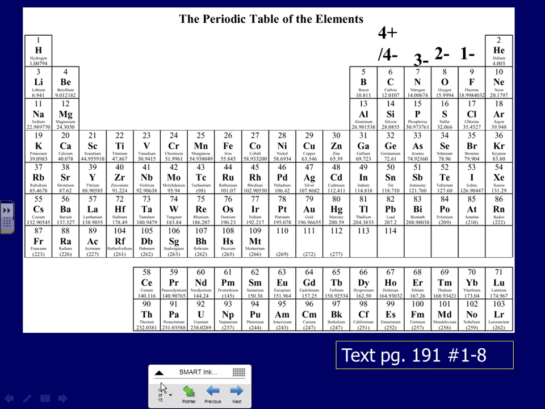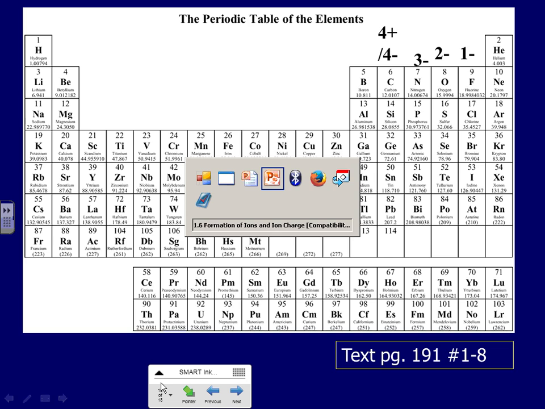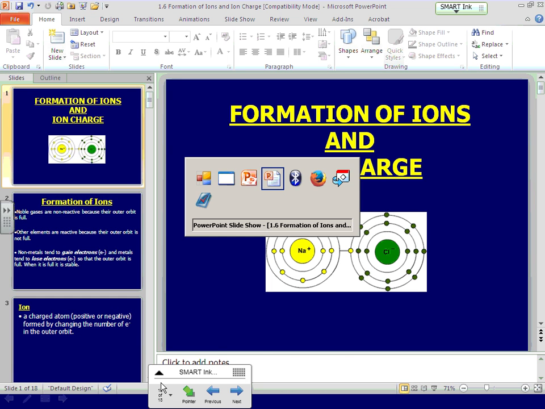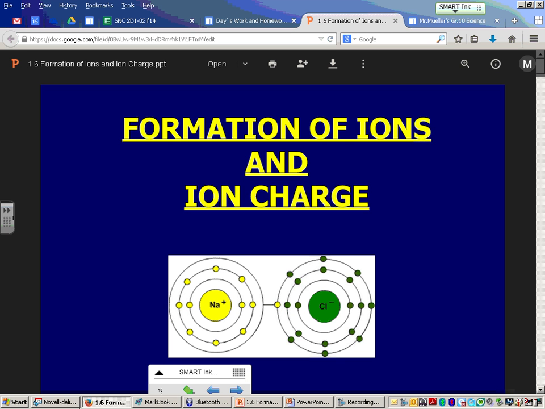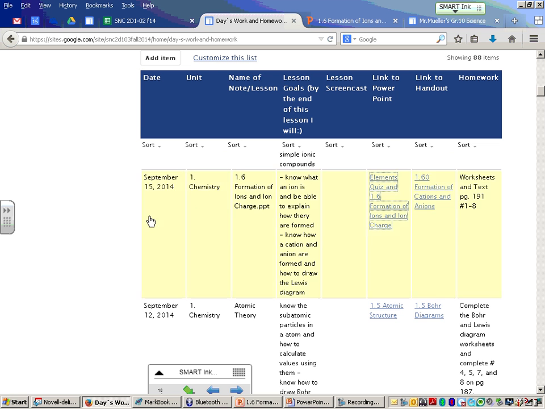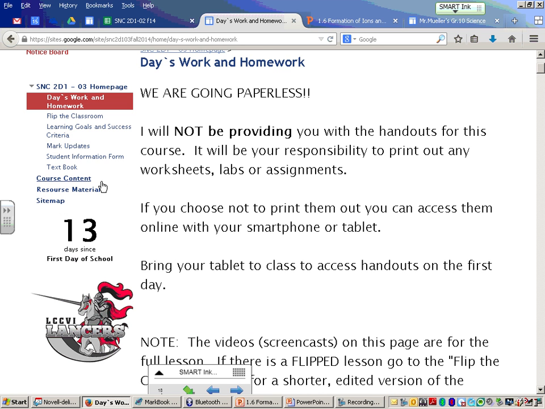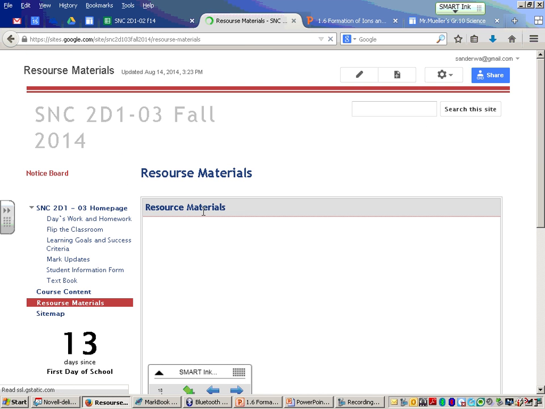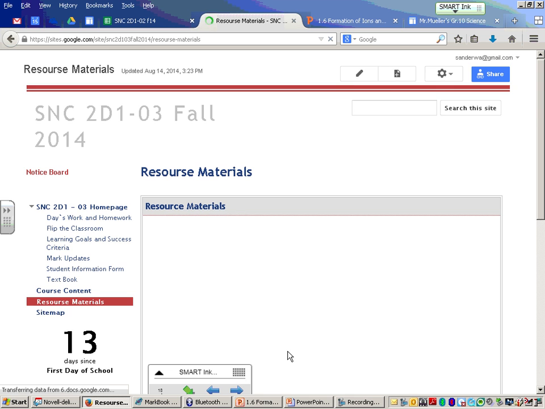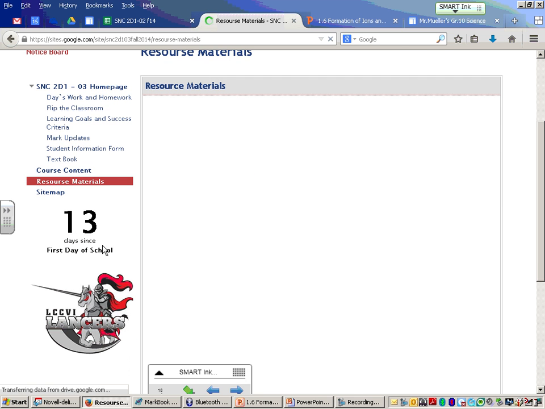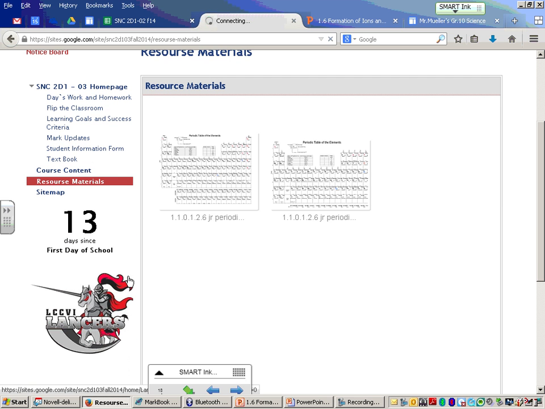And I'm going to just bring up the PowerPoint here. Let me just flip here. So if I go to our resource materials, and I now go to our periodic table, if it comes up, the internet is crawling.